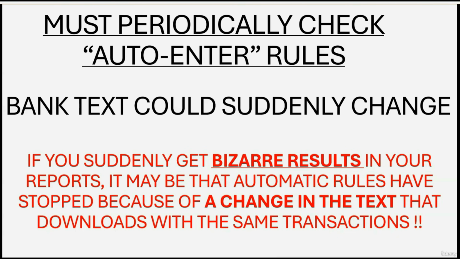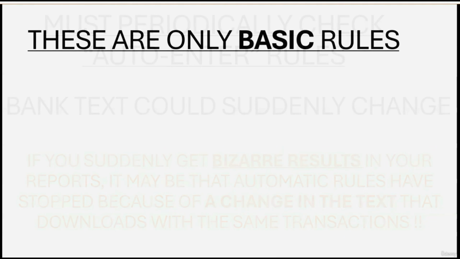So if you suddenly get bizarre results in your reports, it may be that the automatic rules have stopped because of a change in the text in the bank when it downloads from the bank for the very same transactions. Keep that in mind because banks do funny things and vendors and customers do funny things that cause the text that the rules are dependent on to suddenly change without you knowing. So keep that in mind.